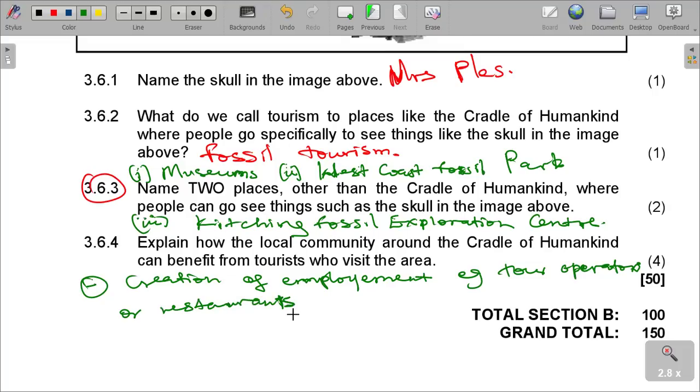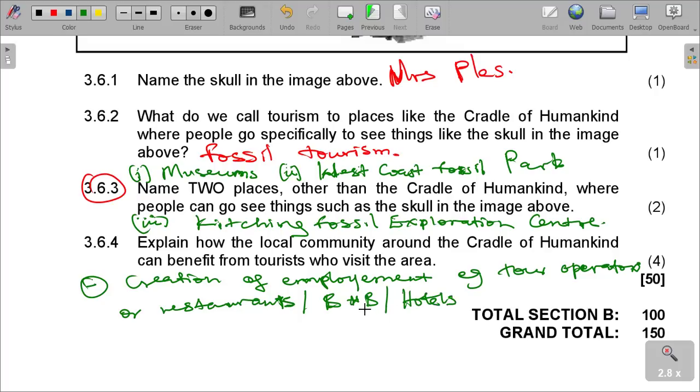We can also talk about B&B businesses that are there, or hotels as forms of employment.